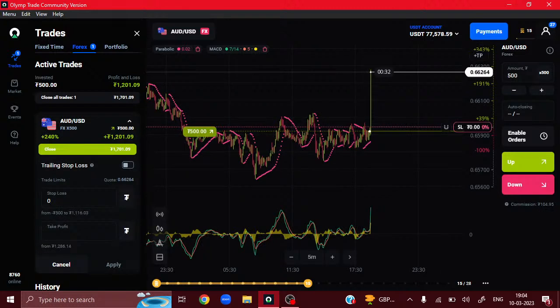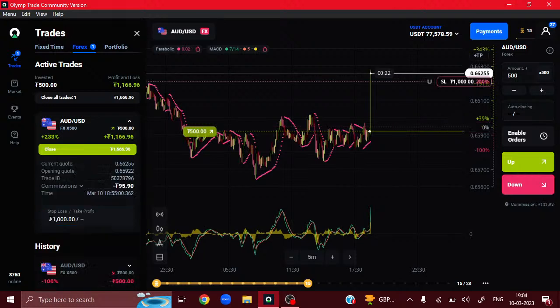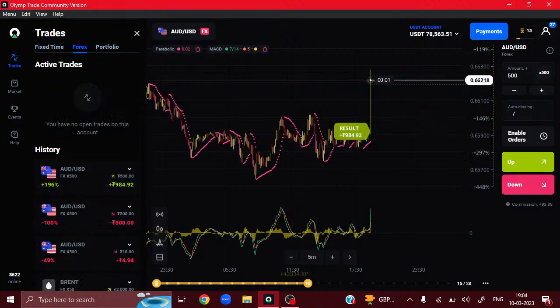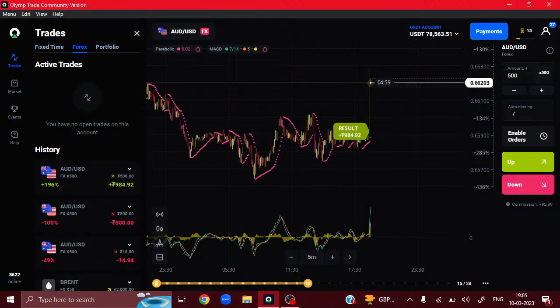Okay, now I'm shifting to 200%. At least $500 from this trade. My trade was exited at this point with a profit of $484.